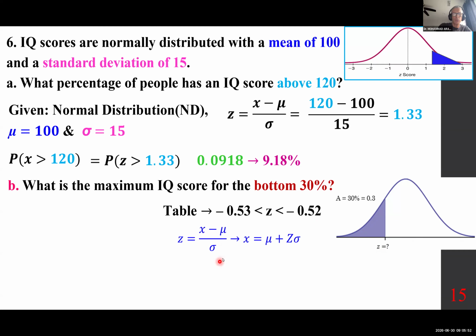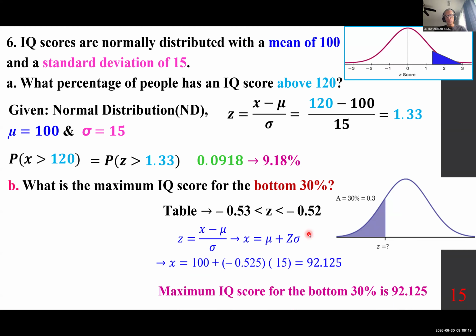And z is X minus mu over sigma. If you do the cross product, I'm going to assume nobody is going to have a problem with that, X becomes mu plus z sigma. And mu is 100. Z is somewhere in between. Let's go with negative 0.525, times sigma, which is 15. And we get this.